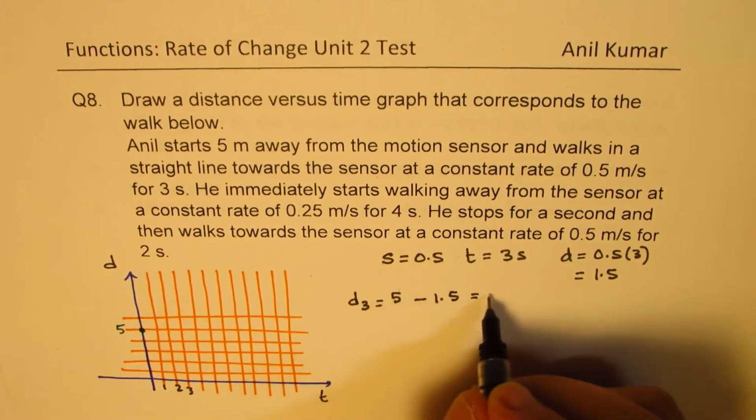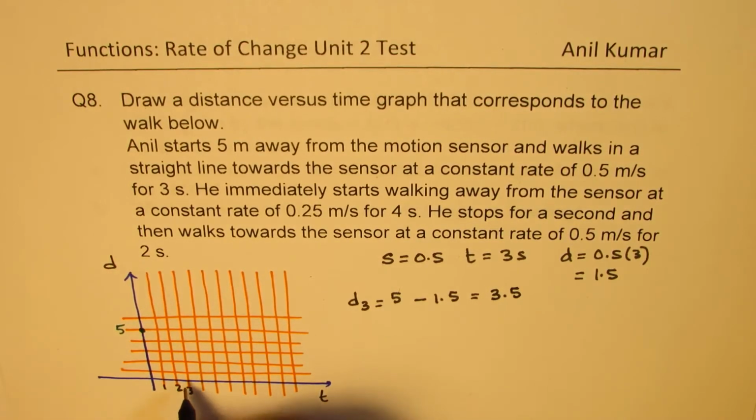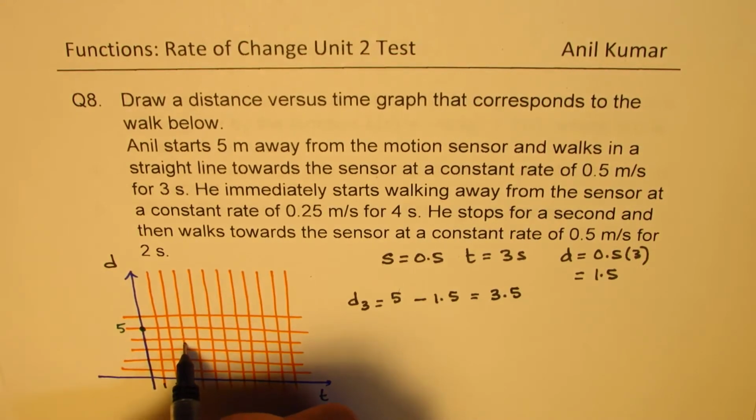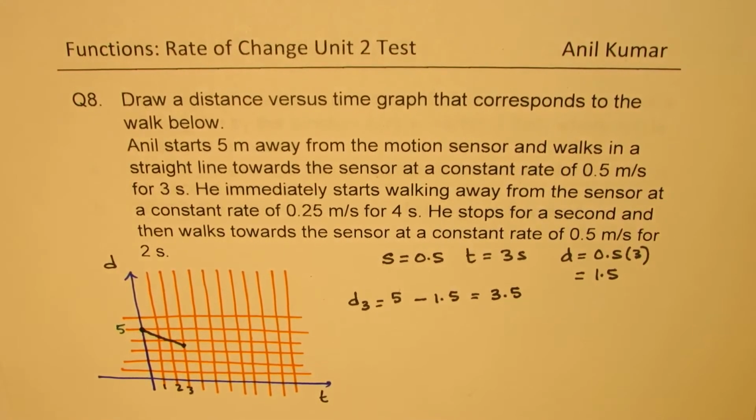So that is 3.5, correct? So that much away. So from here, after 3 seconds, 1, 2, 3.5. So that becomes the distance or the position after 3 seconds, correct?